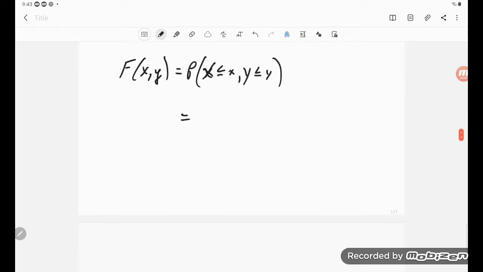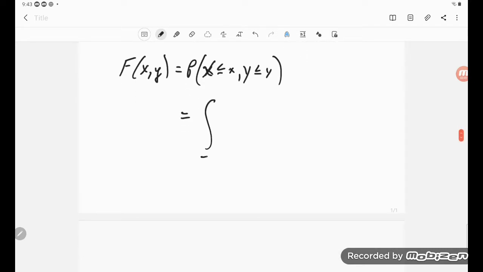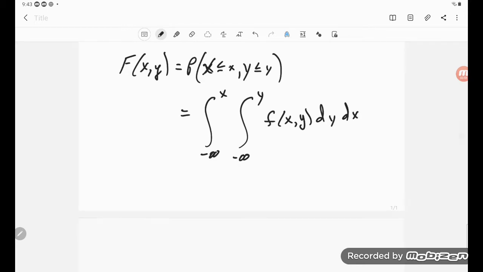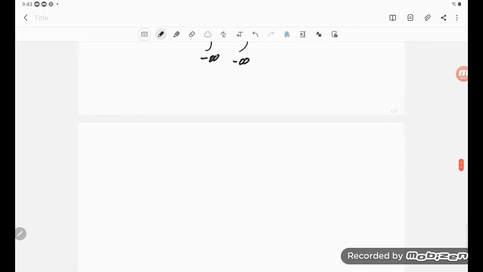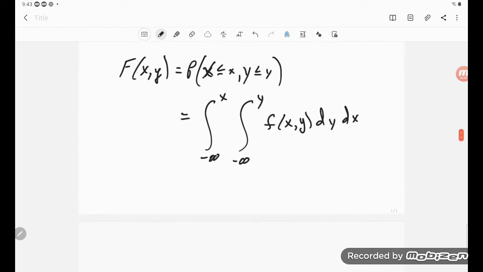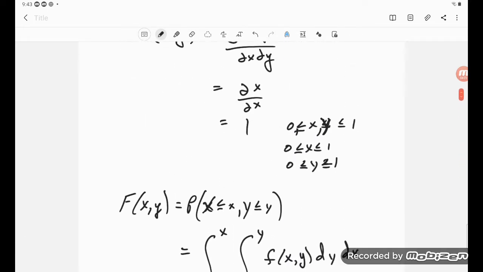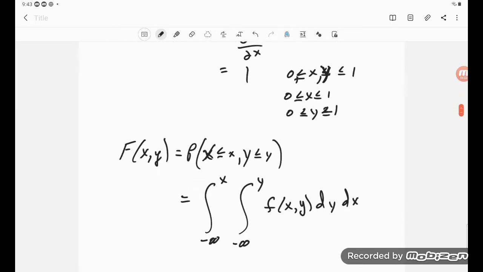But for the continuous functions, that's just the integral from minus infinity to x and the integral from minus infinity to y of our f of x and y dy dx. And so for our particular case, we should be able to get our xy back there.